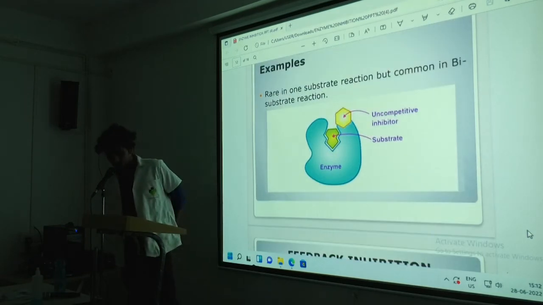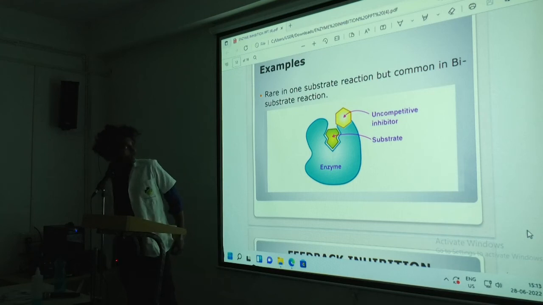The examples of uncompetitive inhibition are those that do not react in a one-substrate reaction but combine in a bisubstrate reaction.